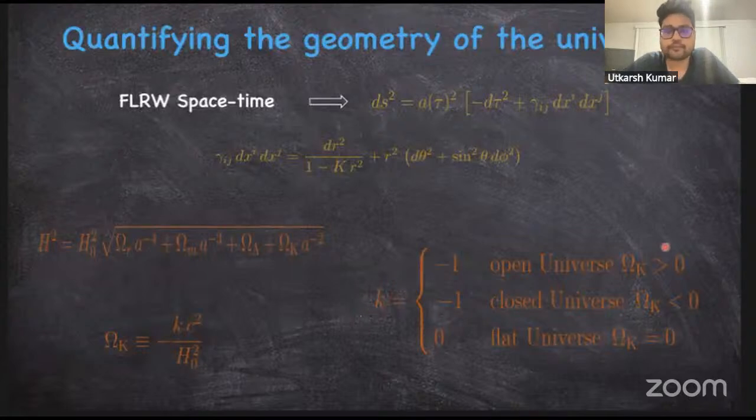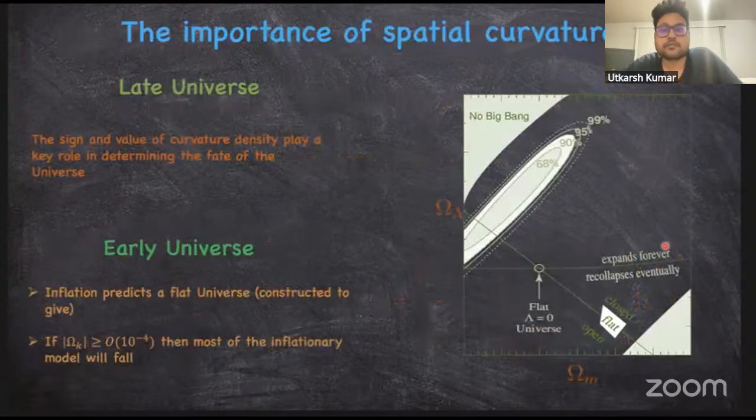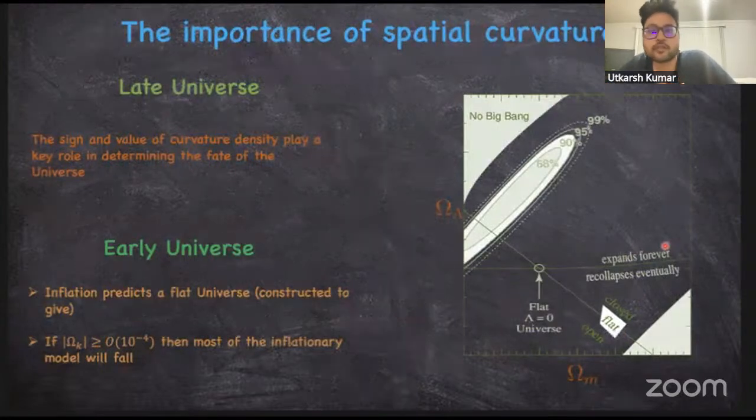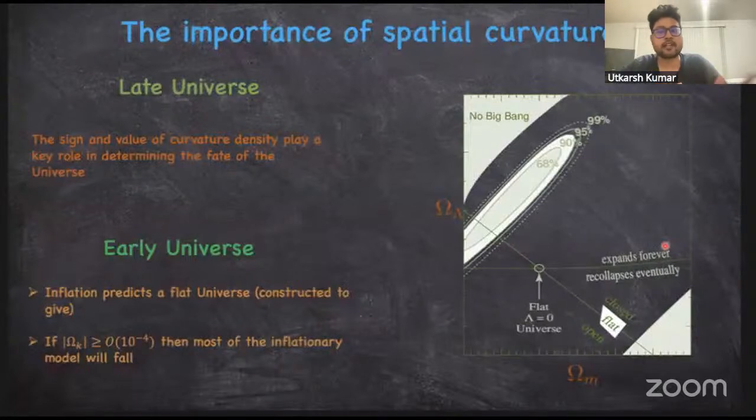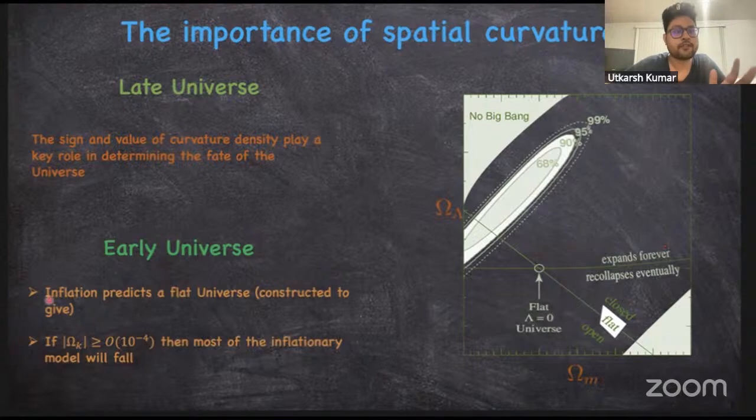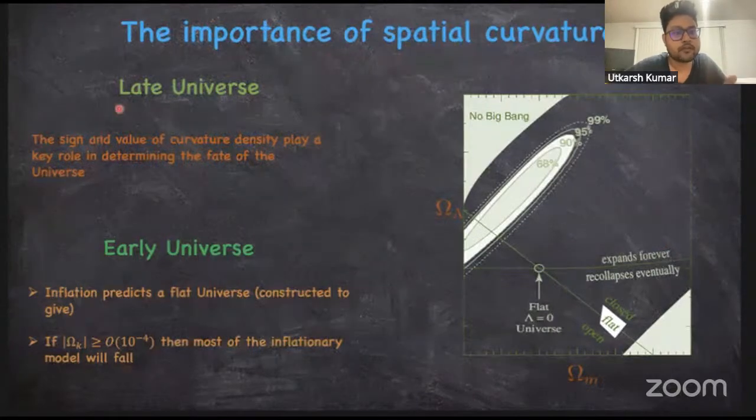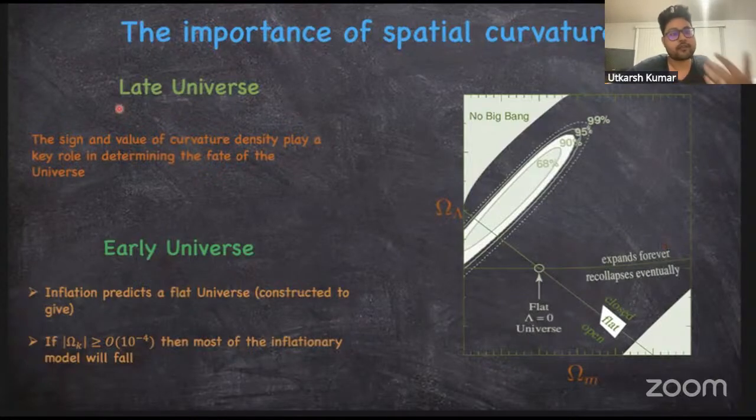Now I'll discuss why it is important to determine the spatial geometry of the universe. It can be important for at least two different reasons, among others. From the late universe perspective, the sign and the value of the curvature density play an important role in determining the fate of the universe.